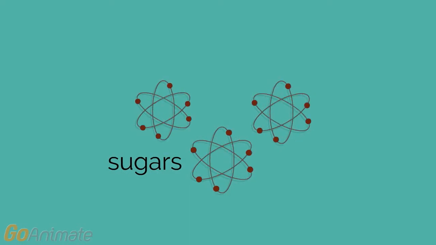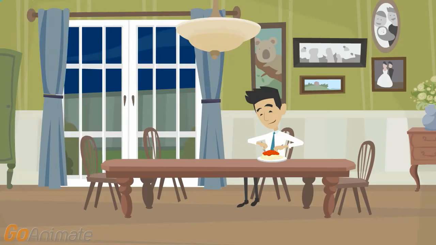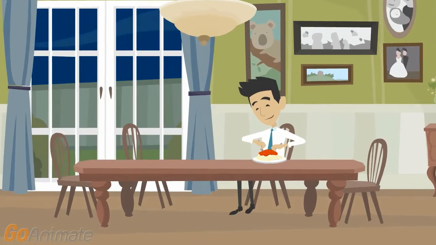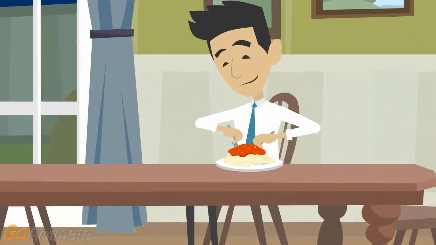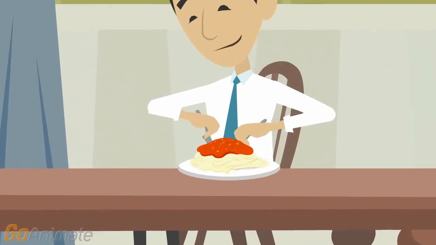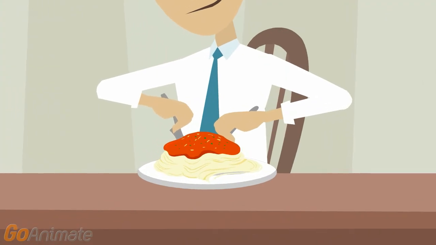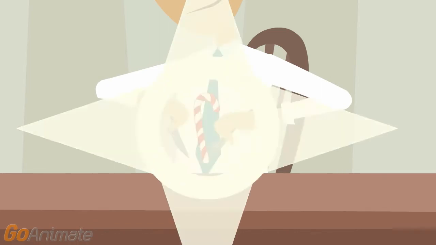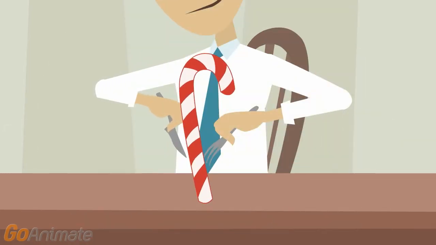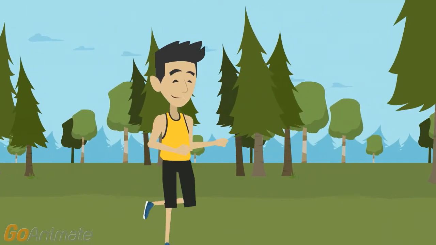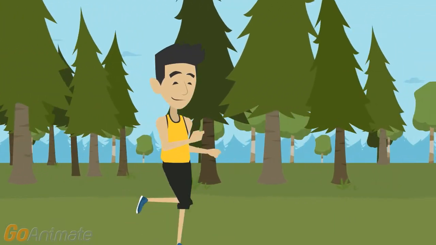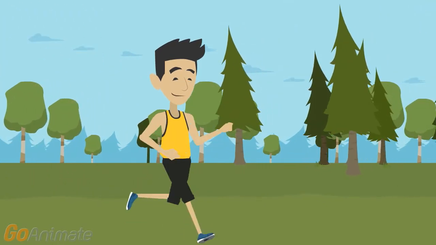Here's how it works in a human, and don't worry, this is not a complicated science class. So when a human starts to chew on a starch, like a piece of bread or white rice, humans have an enzyme in their saliva that breaks the starch chains and leaves us with sugars. And then when we swallow, the sugars go into our stomach. Some sugars get used immediately for energy by our muscles.